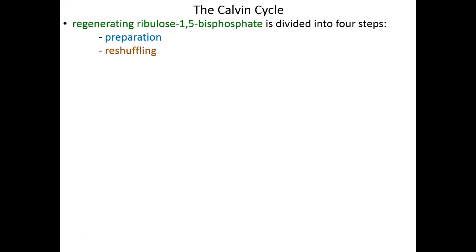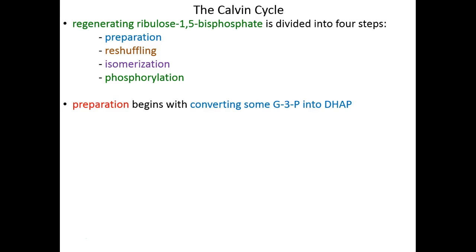There's a preparation phase, a reshuffling phase, isomerization, and finally a phosphorylation reaction. Preparation is very much what it sounds like. It's a series of reactions and steps that make all of the different parts or molecules we will need for this regeneration.